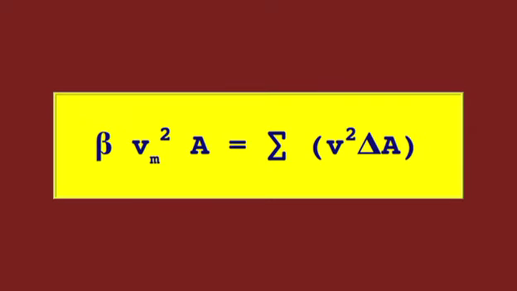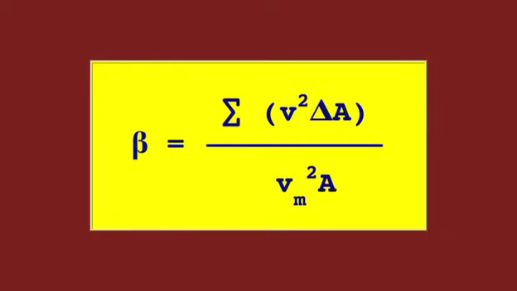The total force is equal to the sum of the incremental forces. Thus, the momentum or Boussinesq coefficient beta is as follows. The mean velocity is defined as follows.